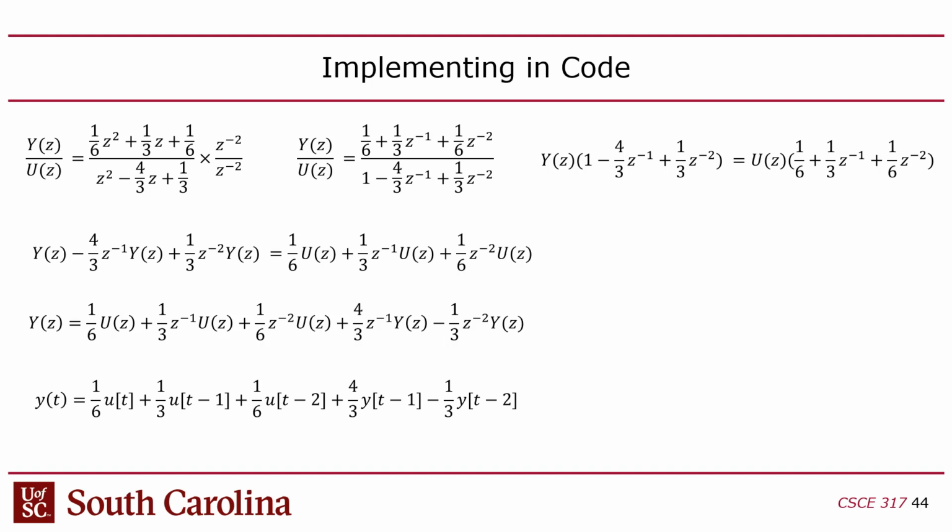I can just deploy this directly into a C model by going from this back to the time domain, where the time domain is essentially just using the z to the minus whatever to look up previous samples, right? So going from this to this is trivial once you have it in this form. Now, I still don't know if it's stable, but at least I have a C implementation of this thing.